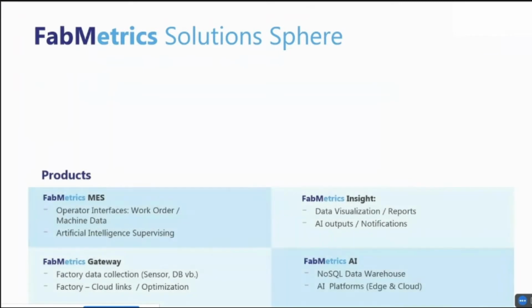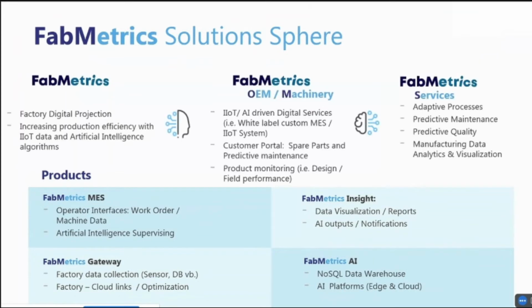So with Fabmetrics, indeed, we deliver 4 products. I will not go into detail about these products, but I will talk about the solutions today. With the Fabmetrics product, we make factories connected, and how we make them connected is that we first collect data from PLCs or other data emitting systems like quality control points or any other external sensors.